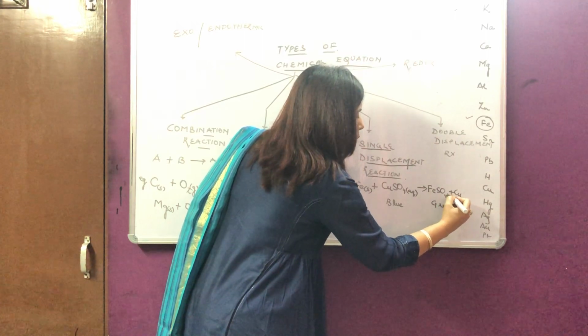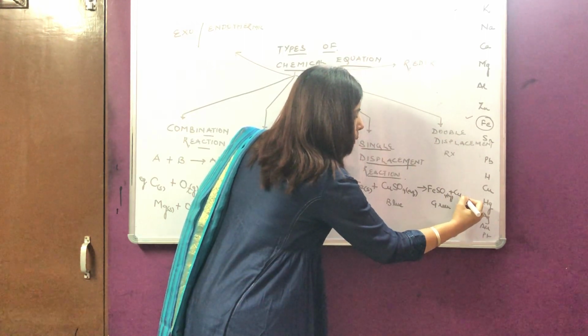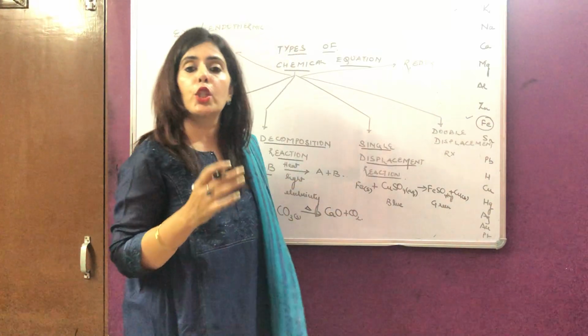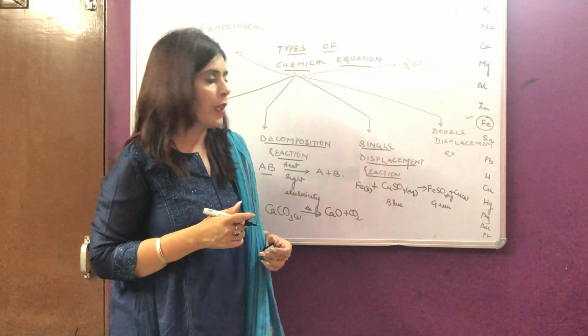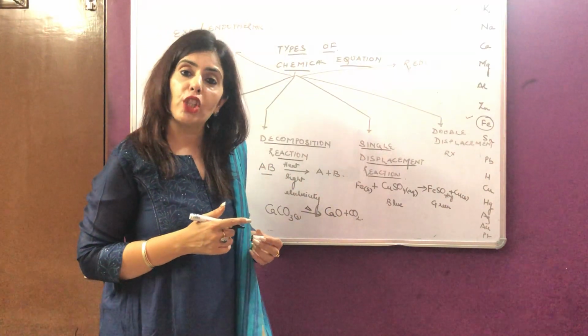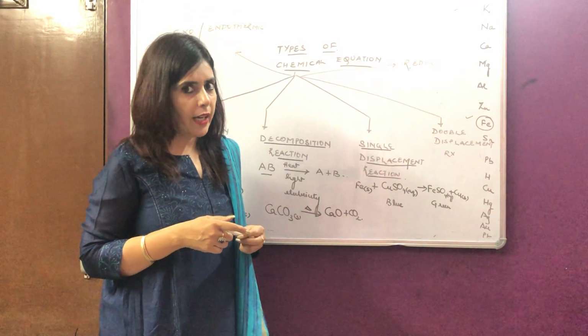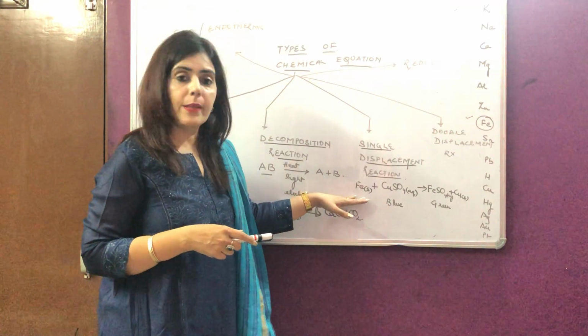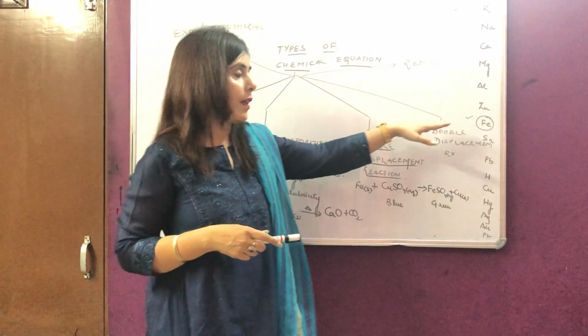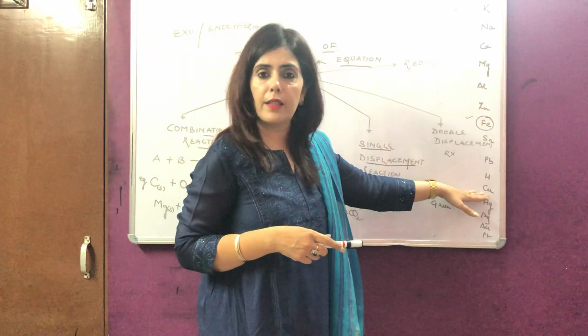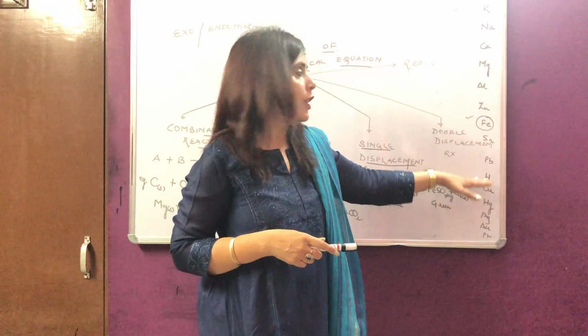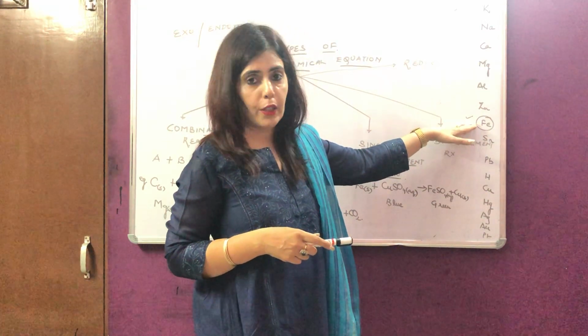Again, this is going to be aqueous solution, and solid copper is going to deposit on the bottom of the iron nails. So this is an example of change of color also, and this is an example of single displacement reaction also, just because iron is above in the reactivity series as compared to copper. So iron is more competent than copper.